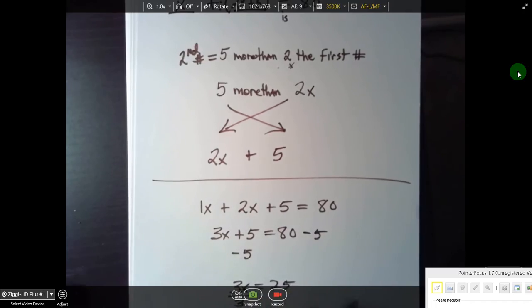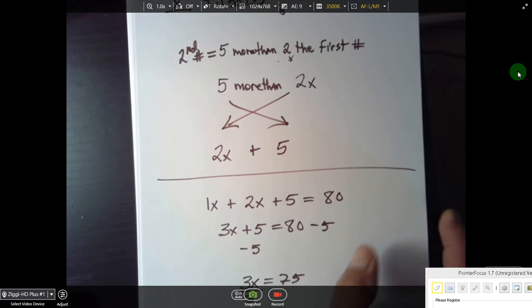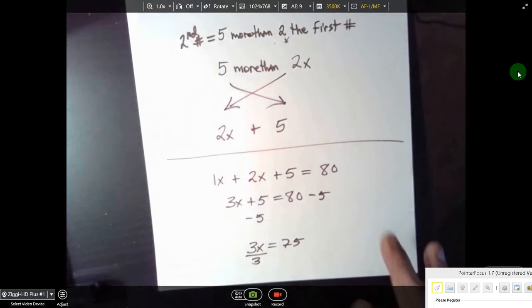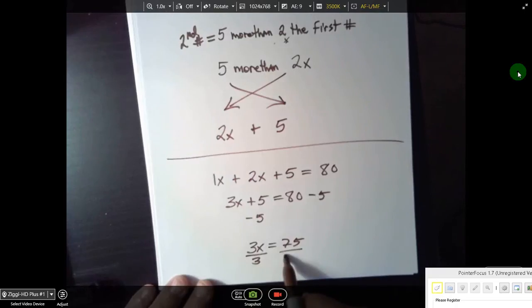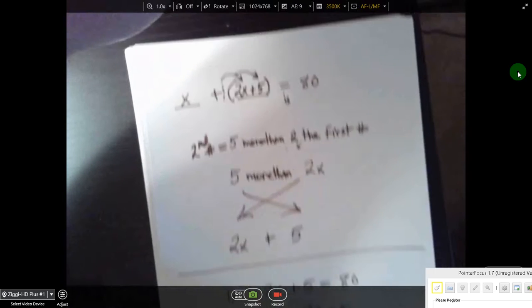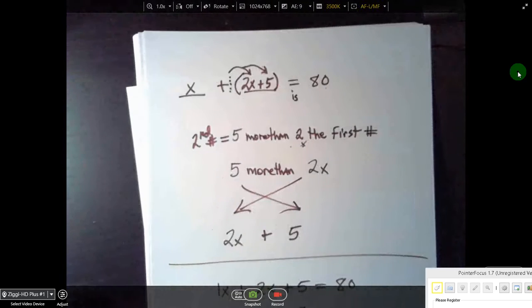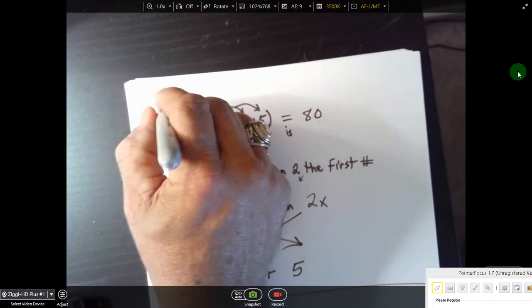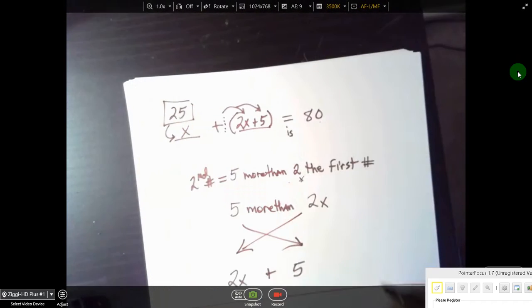Divide by 3. Sorry, I'm running out of room. x is equal to 25. Now, if x is equal to 25, then we go back up here and find the other number.